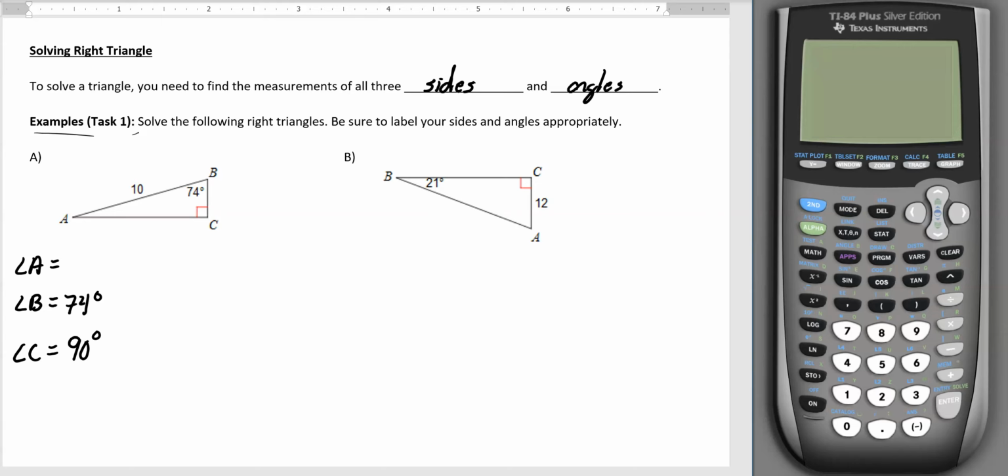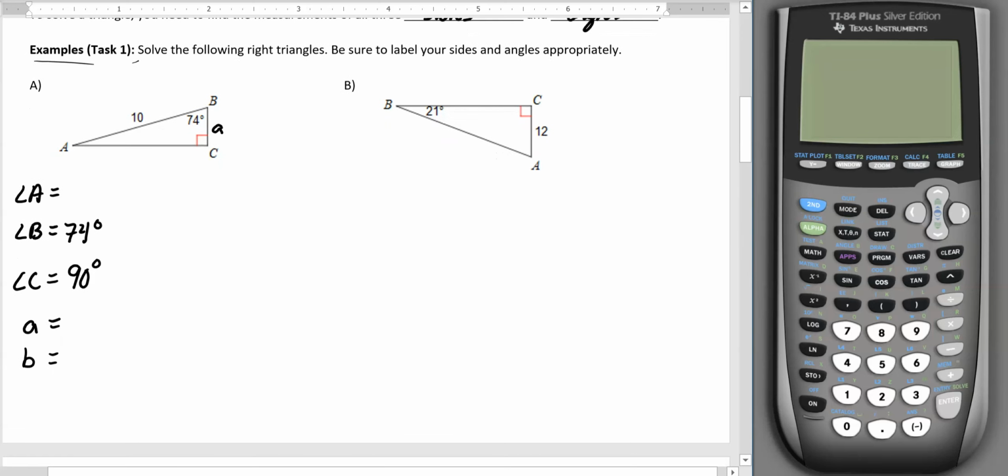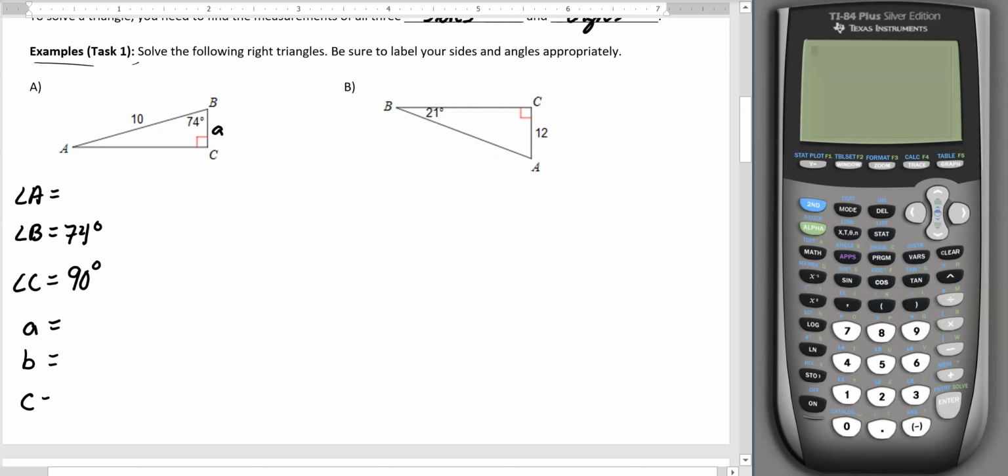Now, we also have side A, which is the side opposite of angle A. To notate our sides, we use lowercase: side A, side B, and then side C is given to us. Side C is 10.